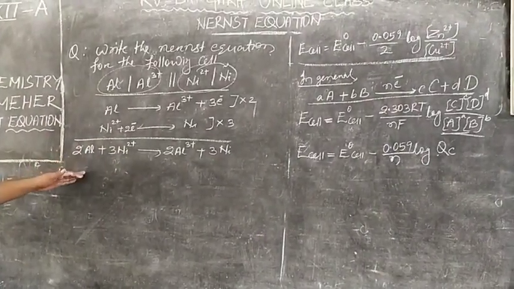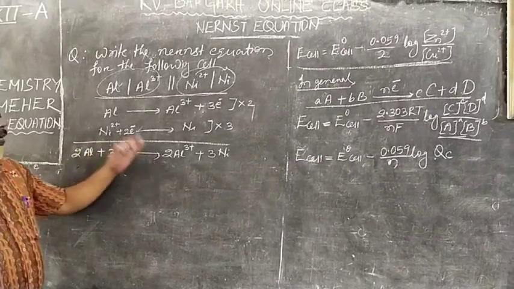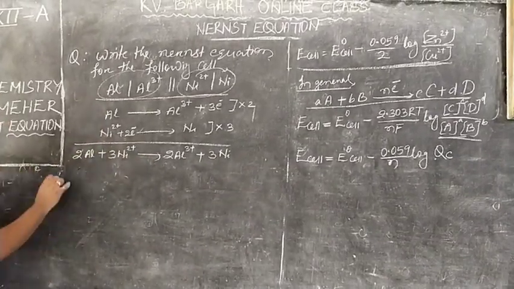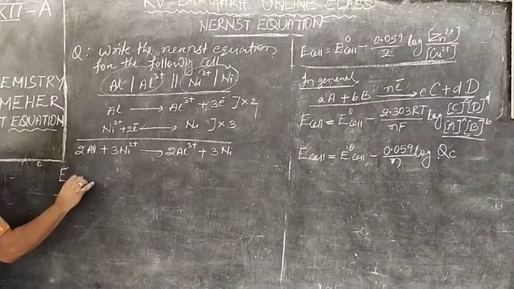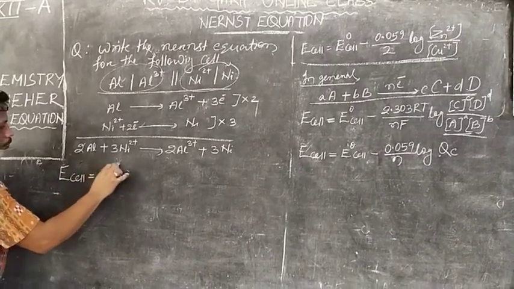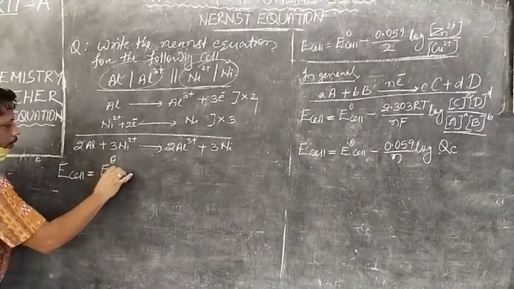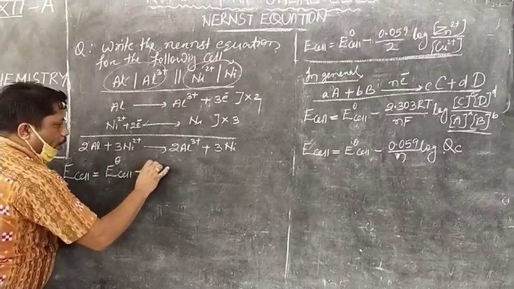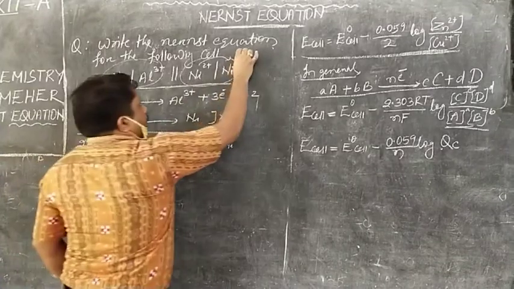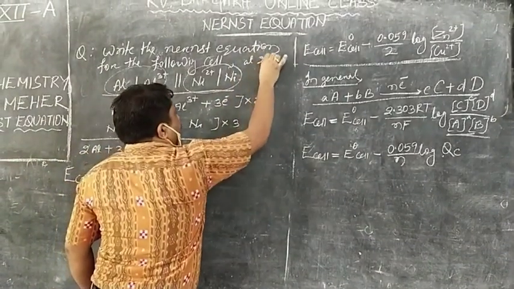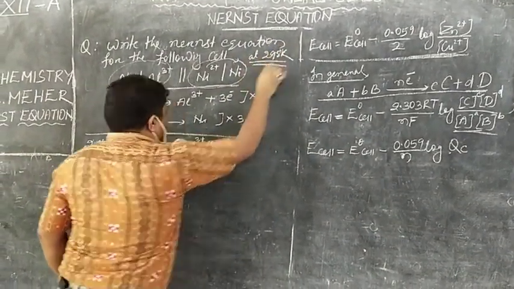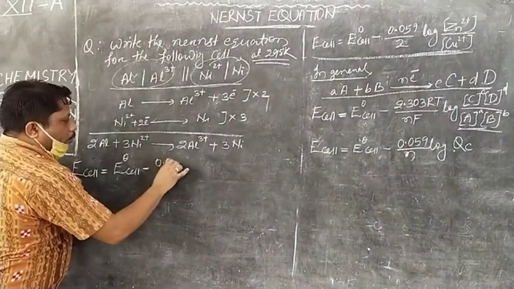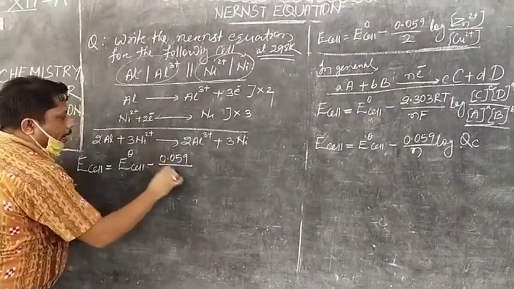So before writing the Nernst equation, first you have to write the net equation for the cell. Then write the Nernst equation. E cell equal to E naught cell minus, at 298 Kelvin, 0.059 by n.